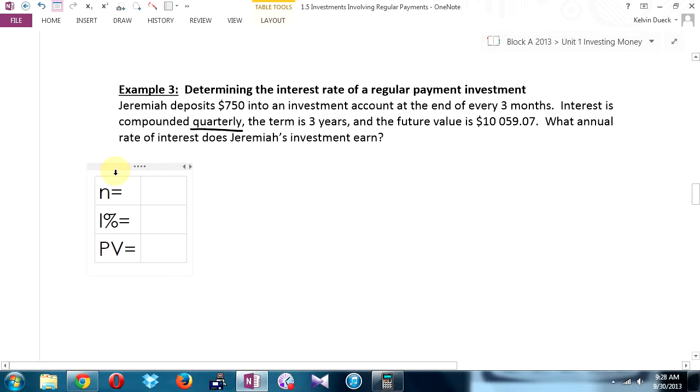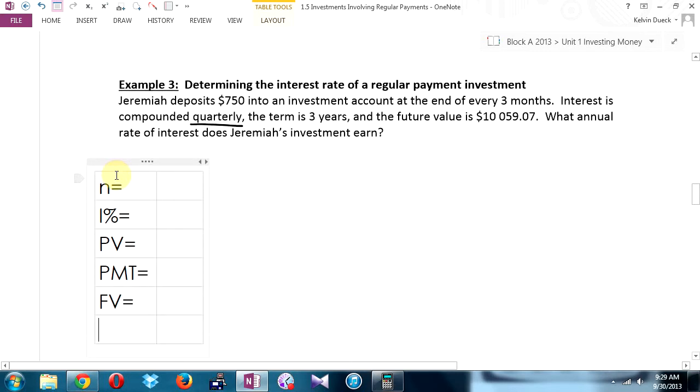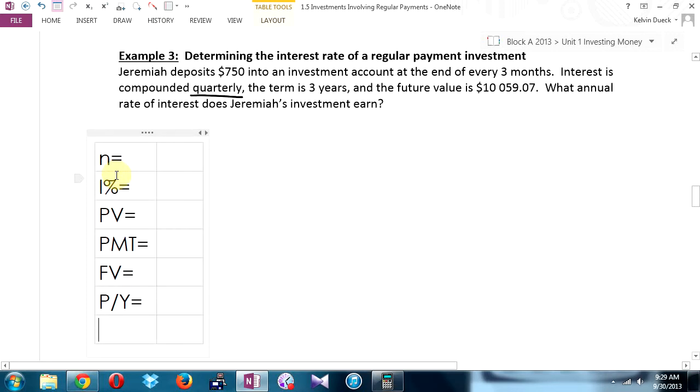PV equals, then it's PMT equals, FV equals, P/Y equals, and C/Y equals. All right. I'm going to type so it's more legible.